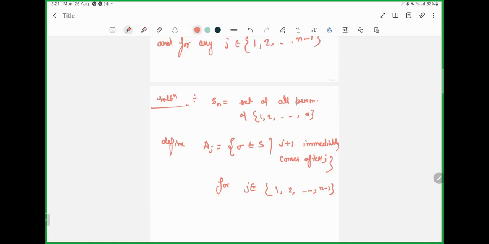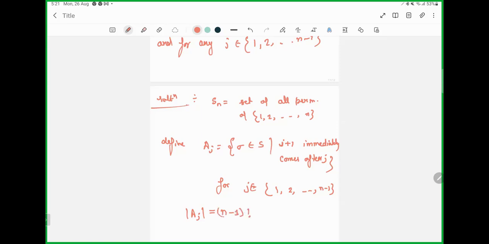So what is the cardinality of AJ? You have all possible permutations, but only one condition, that j and j plus 1 should come together. Once you fix the position of j, you have to fix the position of j plus 1. So that means you have exactly (n minus 1) factorial, because there is only one restriction on the position of j plus 1, nothing more than that.